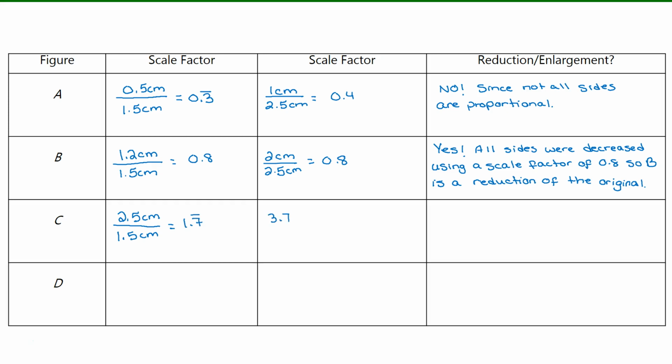Then 3.7 over 2.5 gives me a different number. I get 1.48. So there is no reduction or enlargement here, for the same reason as above, since not all of the sides are proportional.